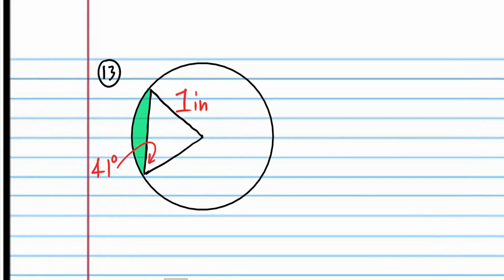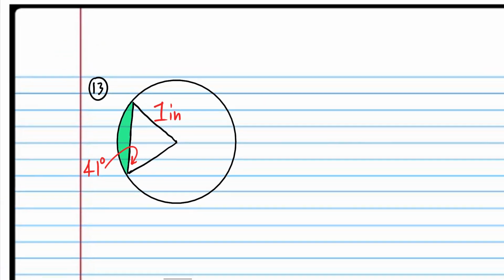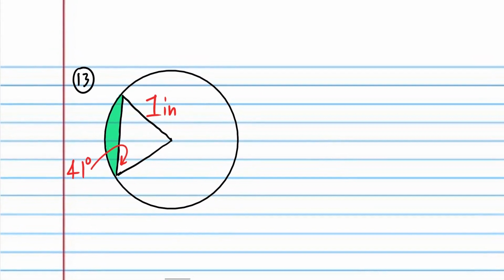Well, these two lengths are radii, and that means that it's an isosceles triangle, right? This triangle here is isosceles. So based on the isosceles triangle theorem, or the converse of the theorem, I forget which one is which, if we know that these two lengths are equal, that means that the opposite angles of those lengths must also be equal.